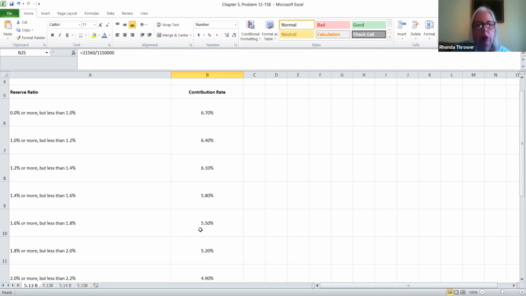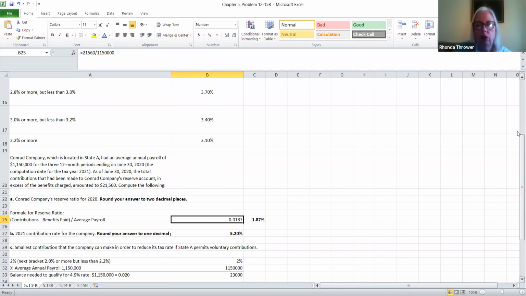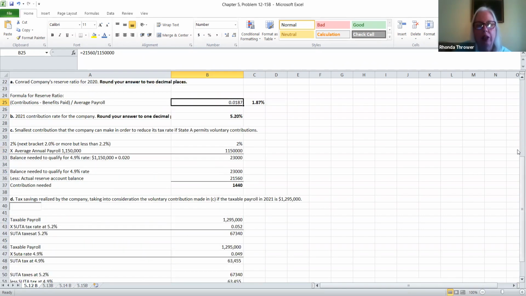Now, if we wanted to lower our contribution rate, we would simply go to the next bracket. And so that's what they're asking you to do so that you can figure out the smallest contribution you're going to need to make in order to reduce the tax rate.